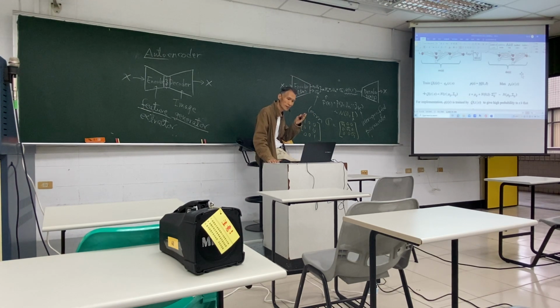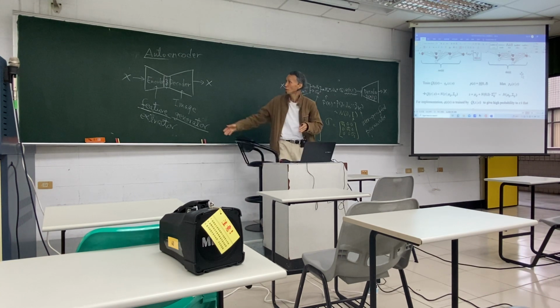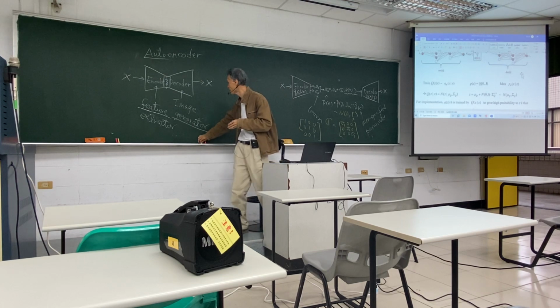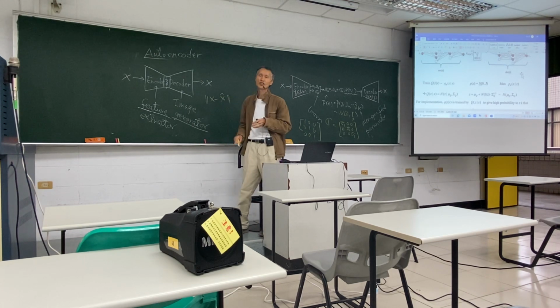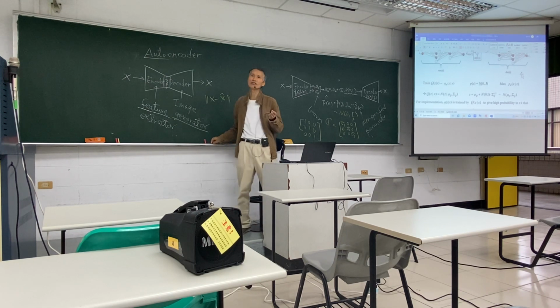Now, the last question here is how to set up the loss function. For the CAE, it's quite easy. We just try to minimize the reconstruction error. That'll be good enough.